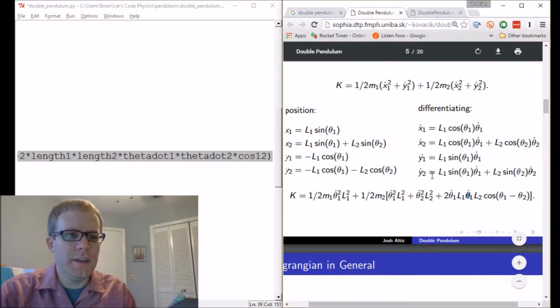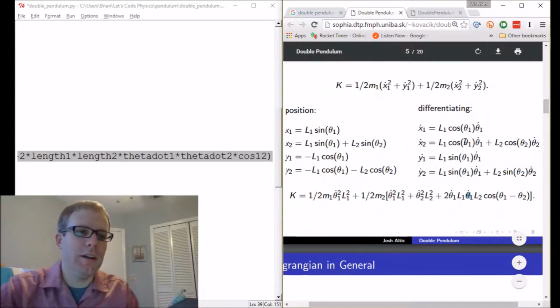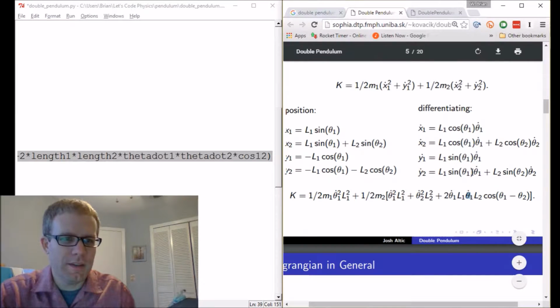This thing squared and this thing squared is going to give you, let's see, L1 cosine squared theta dot 1 squared, but then that's going to combine with this thing squared to give you this piece, right? And then these two squared are going to combine to give you that.